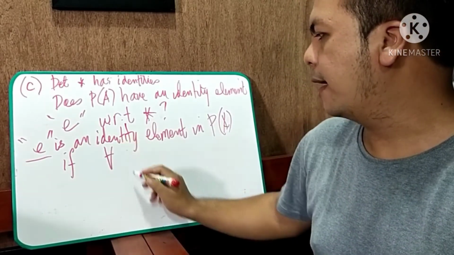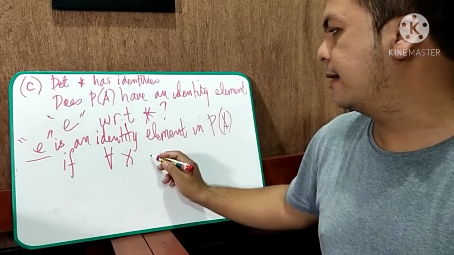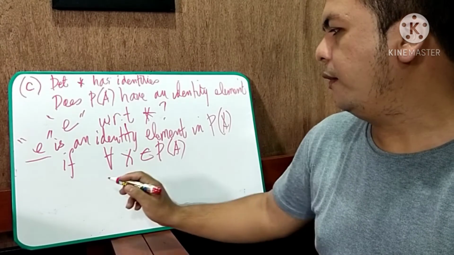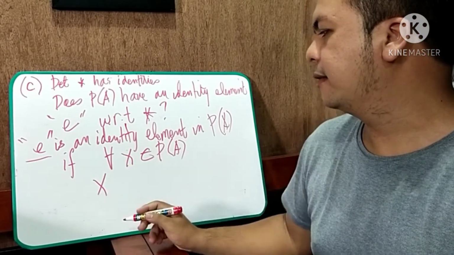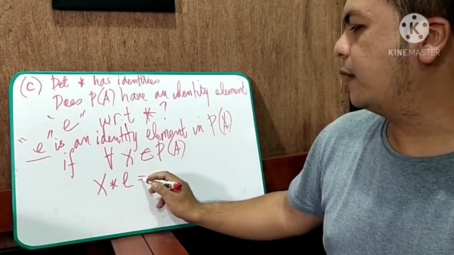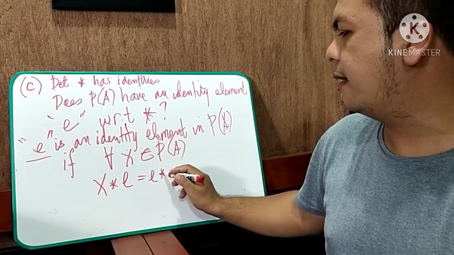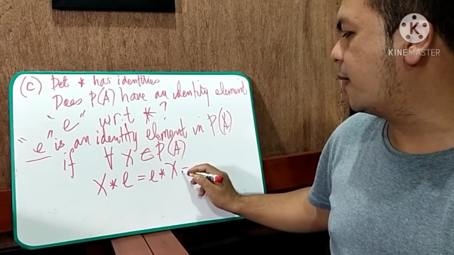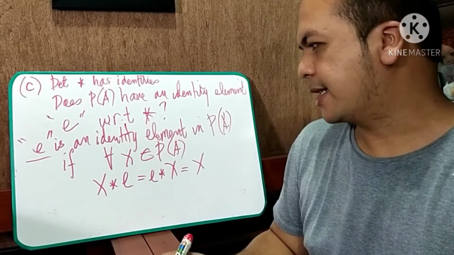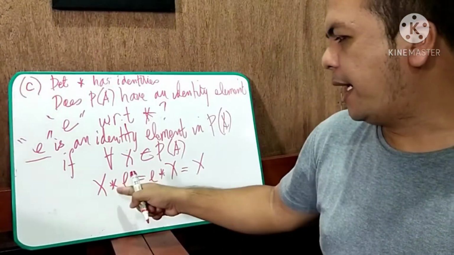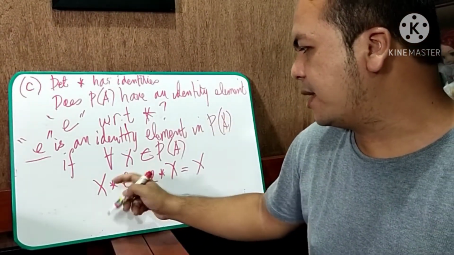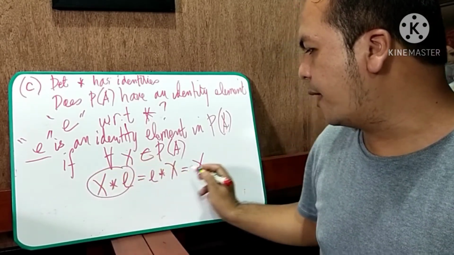for all x element of P of A, yung x star E is equal to E star x, which is equal to x. Okay? Now, palitan natin yung star ng intersection. So, we can just use this equal to this, no?